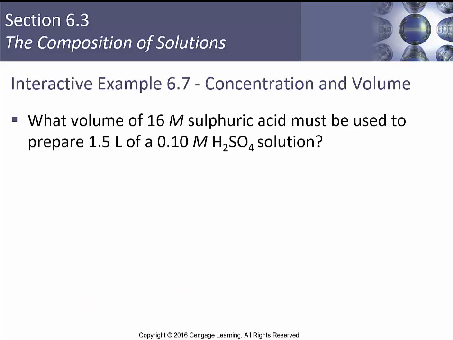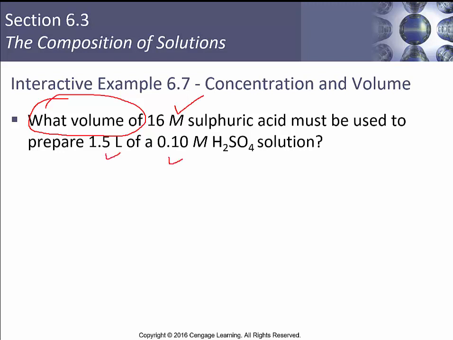So we can ask questions like, what volume of 16 molar sulfuric acid must be used to prepare 1.5 liters of 0.1 molar solution? So looking at the things we've got, we are trying to find out what volume do we need if we're given an initial concentration and a final concentration.